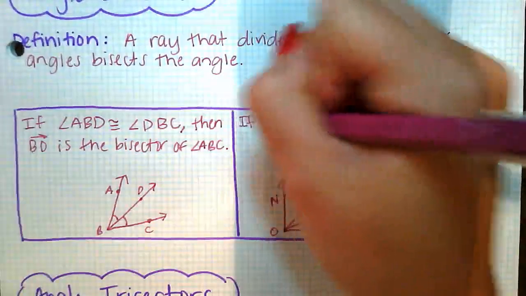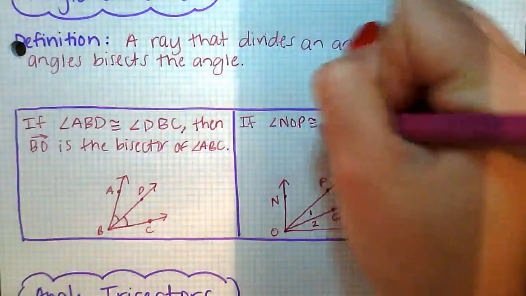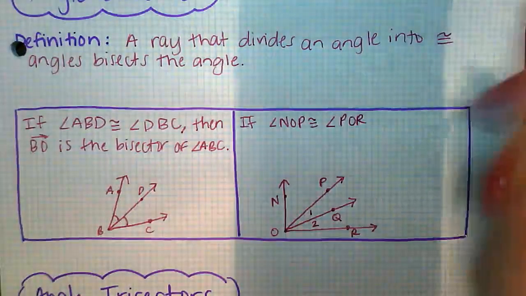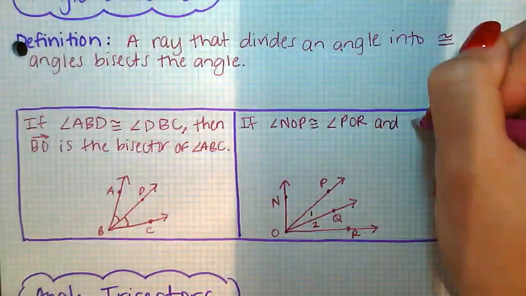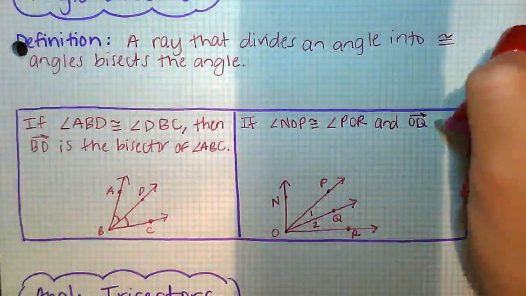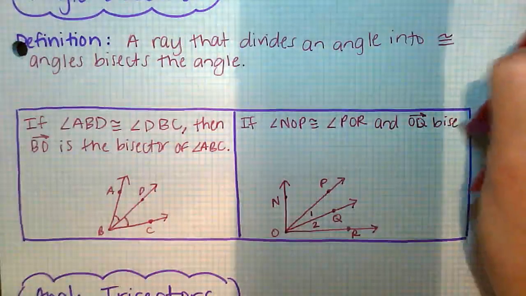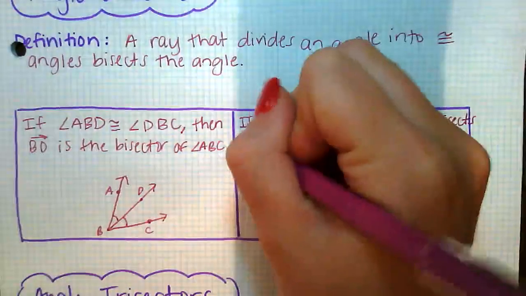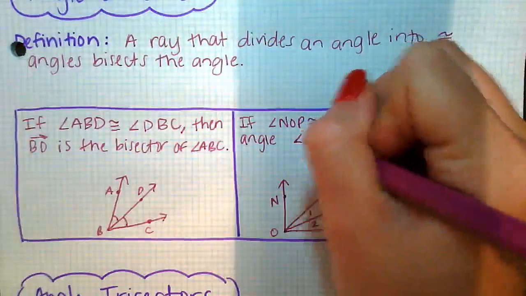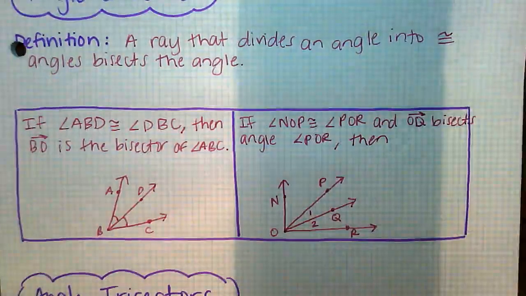So if we are told that angle NOP is congruent to angle POR and ray OQ bisects angle POR, then what can we conclude?